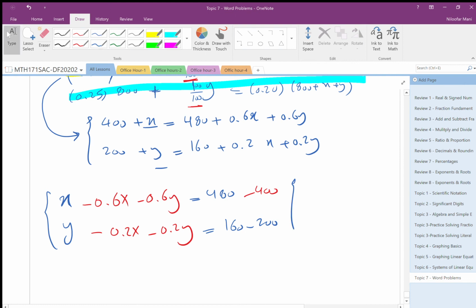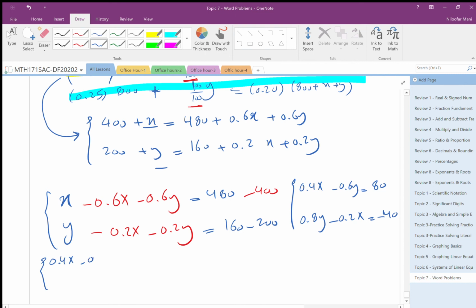So it is 0.4x minus 0.6y equals 80, and plus 0.8y minus 0.2x equals minus 40.